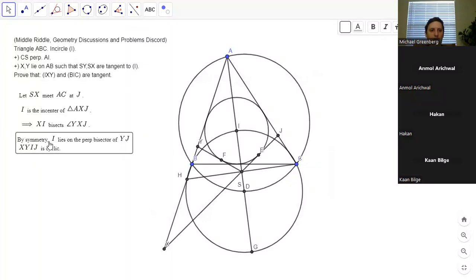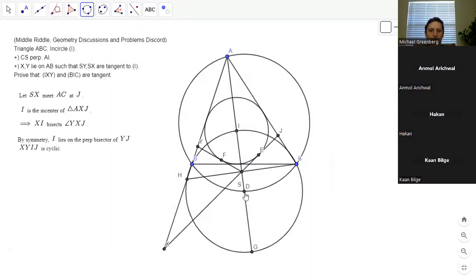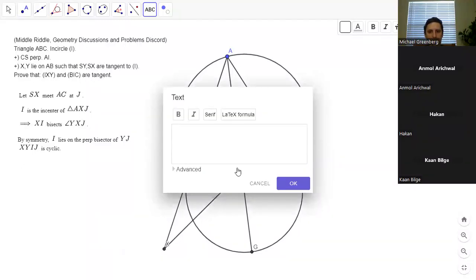And then once we know that, it's kind of obvious that they're tangent, because basically by the incenter-excenter lemma, the circumcenter D of BIC lies on AI.